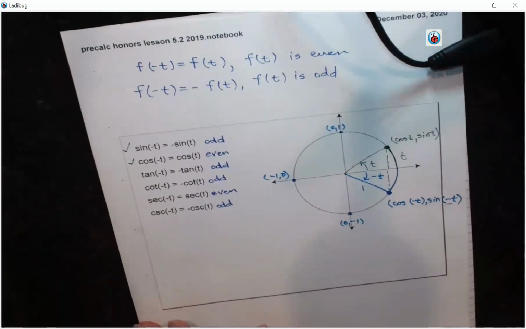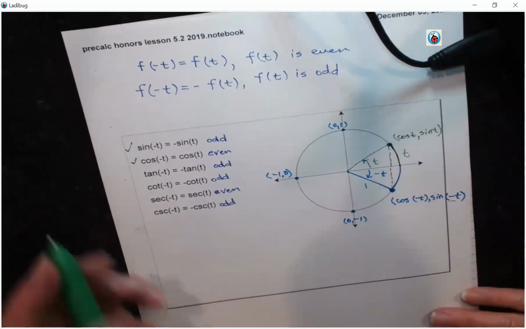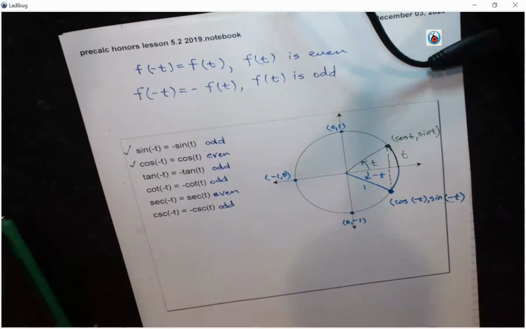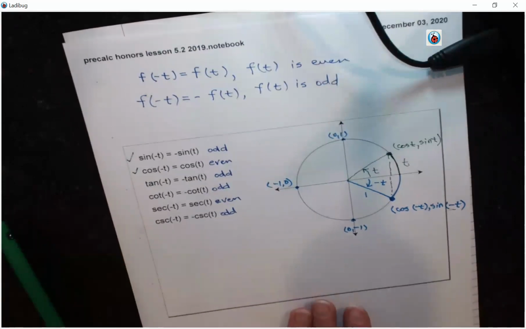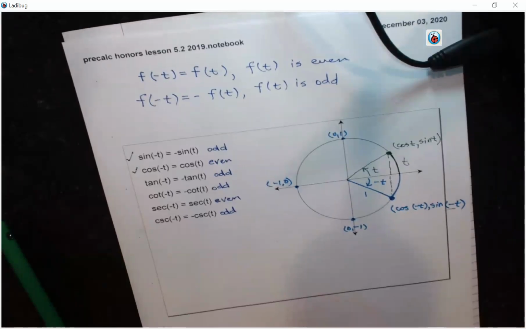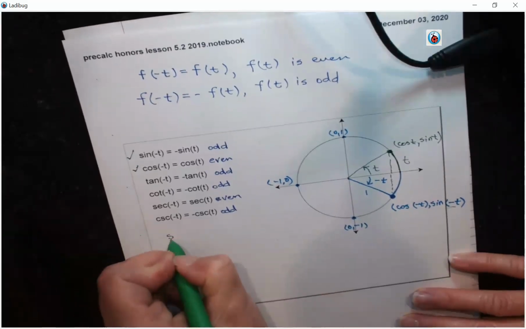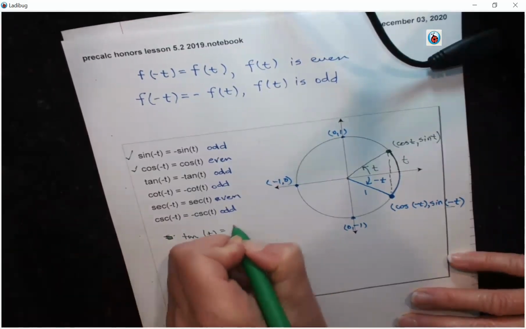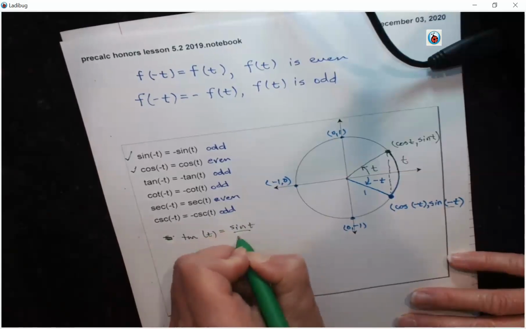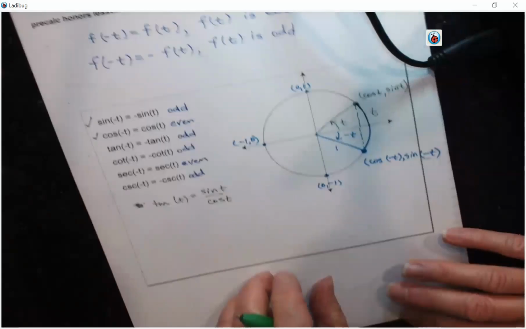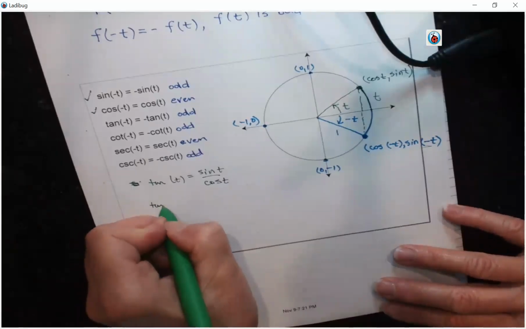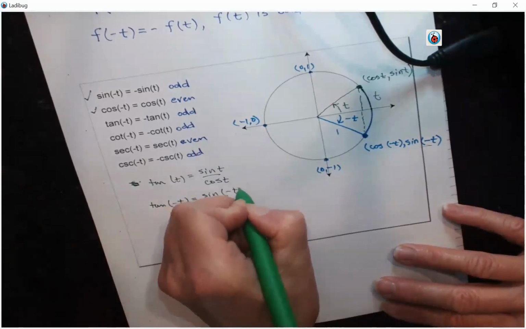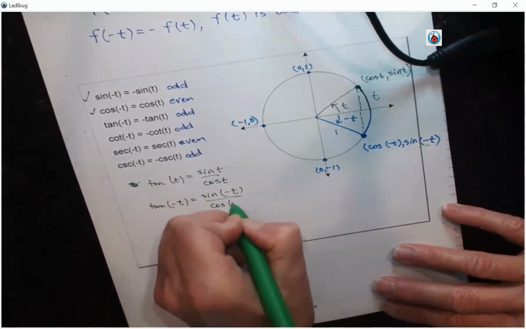I could consider that tangent of opposite t is equal to the opposite of tangent of t. And actually I think we can address that a little bit later on when we use some of our fundamental identities. But if you'll recall, the tangent of t is equal to the sine of t divided by the cosine of t, right? So if I want to look at the tangent of opposite t, that's equal to the sine of opposite t over the cosine of opposite t.